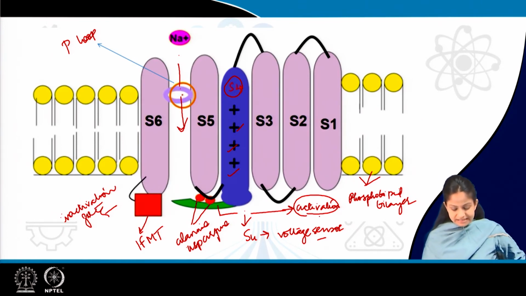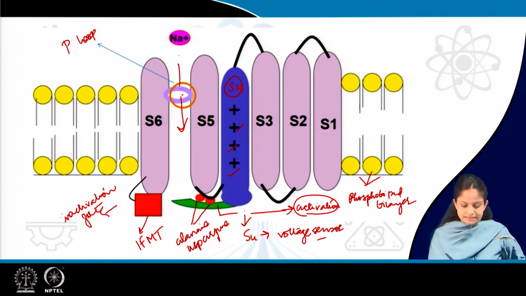So, the activation gate is between the 2 moieties, that is the IFMT and the alanine asparagine moiety. That is why the bonding does not occur, but whenever there is a conformational change in the channel protein, the linking of these 2 will occur and there will be closing of this gate.